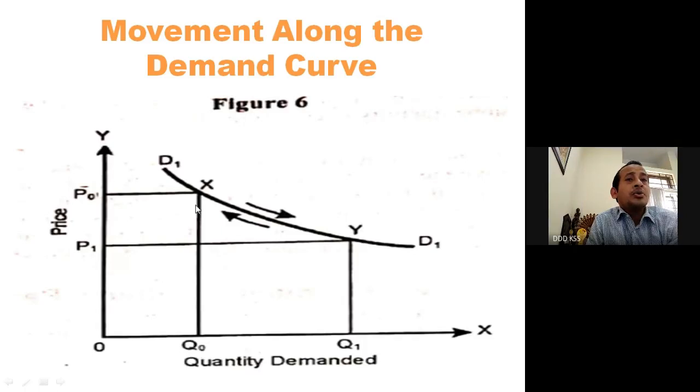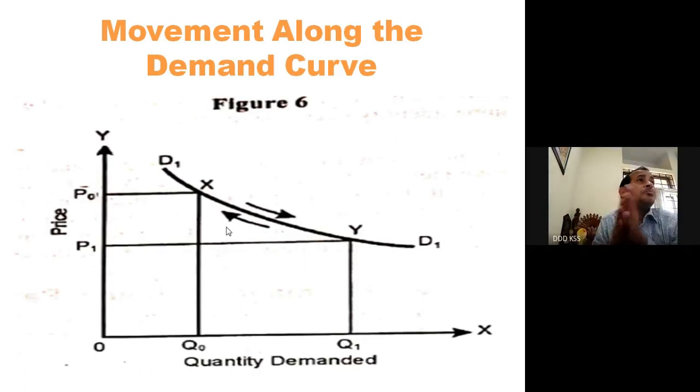As demand reduces, the demand curve will have an upward movement. It will move from Y to X. This is known as contraction of the demand curve. This is another concept, and these are basically the upward and downward movements.